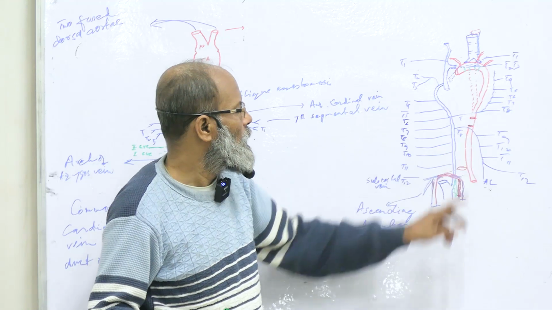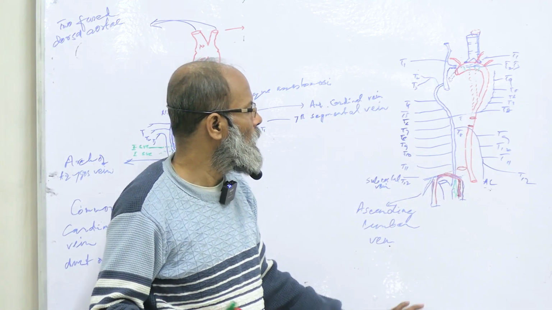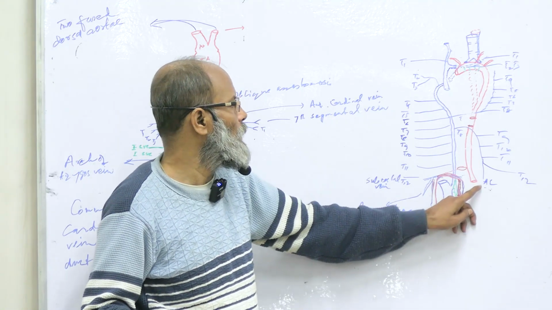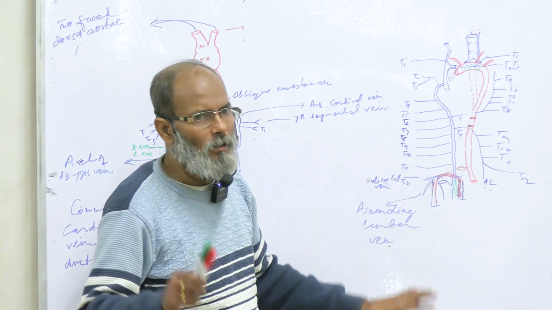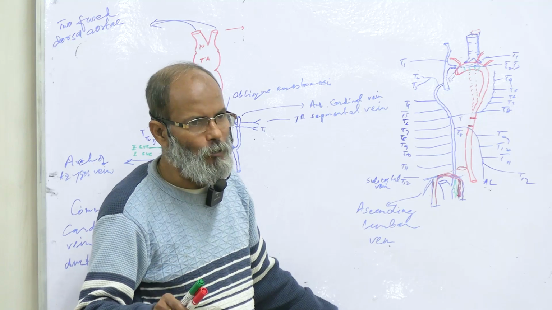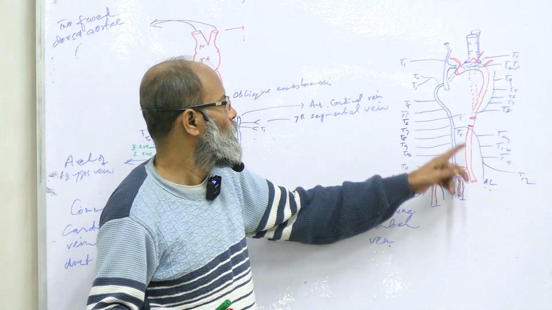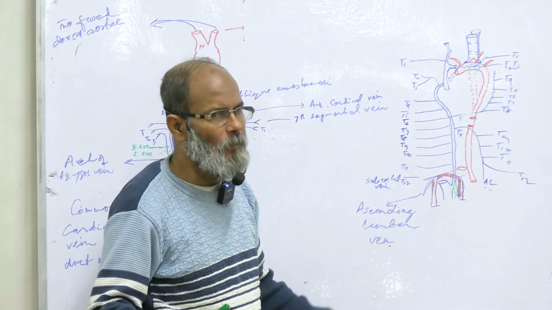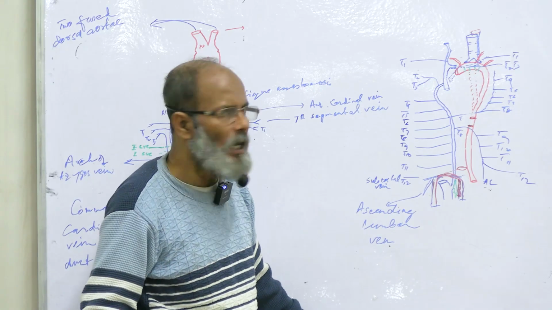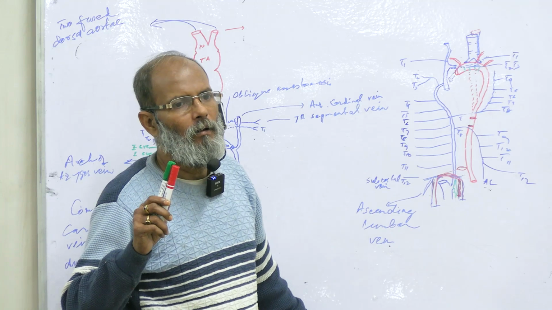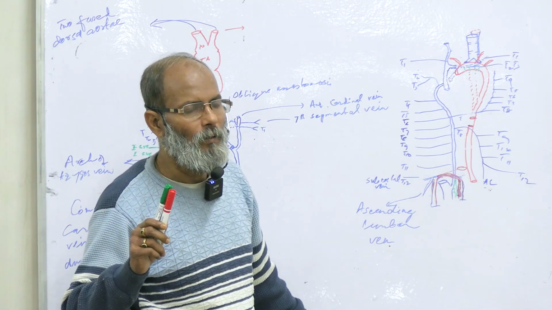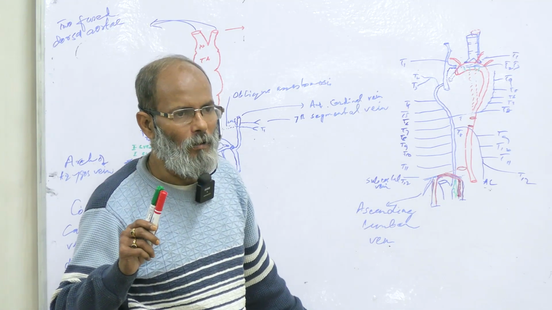And there are T9, T10, T11 and T12 with ascending lumbar vein that is forming the inferior hemiazygous vein, which is draining into the azygous vein at the level of T8 vertebra. That is draining.